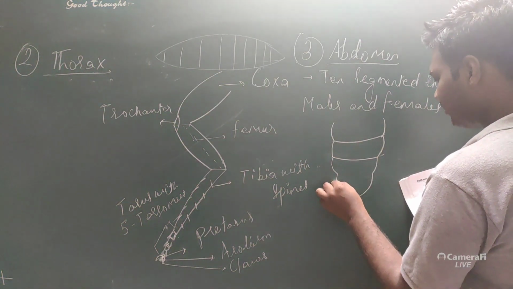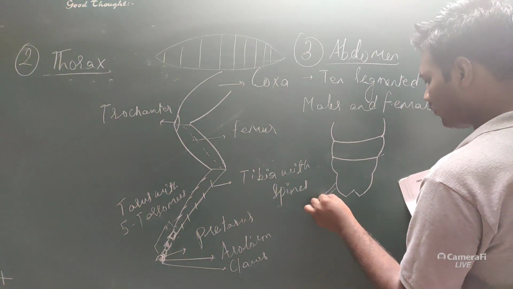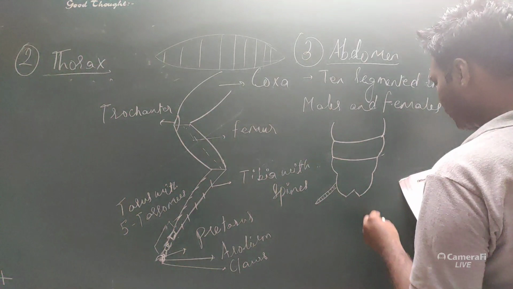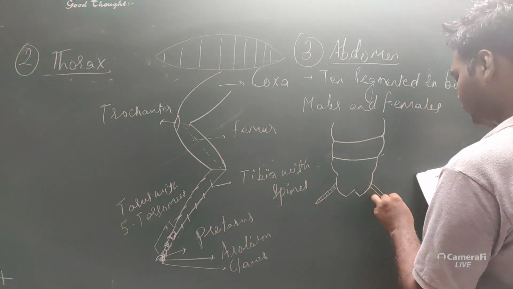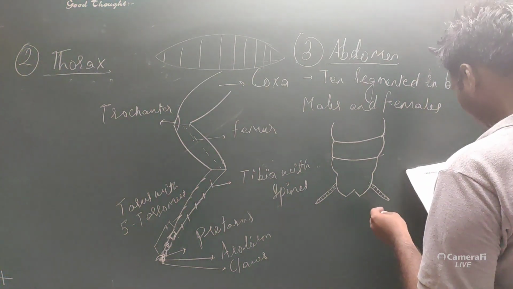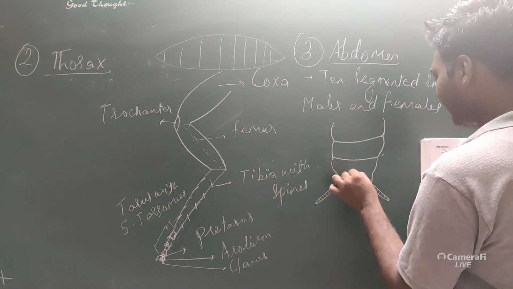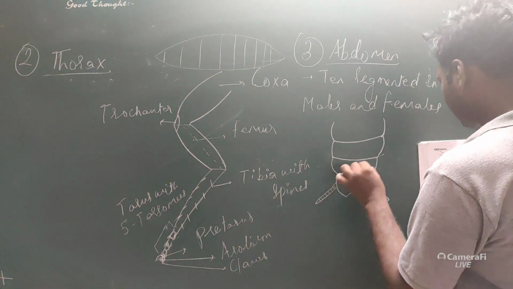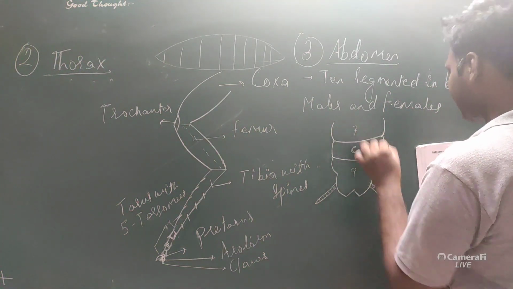So here we will draw the segments of the male. Here you can see the presence of anal cerci. This is present on the 9th segment. This is the 9th one, this is the 8th segment, and this is the 7th segment.